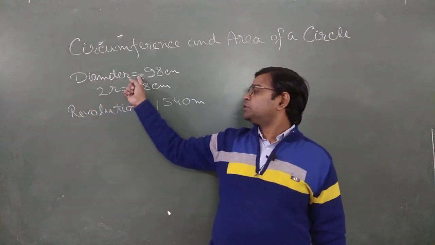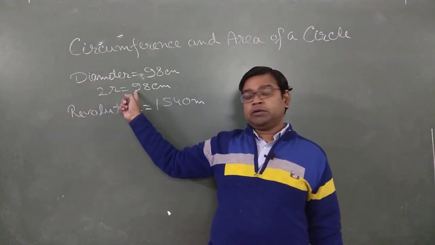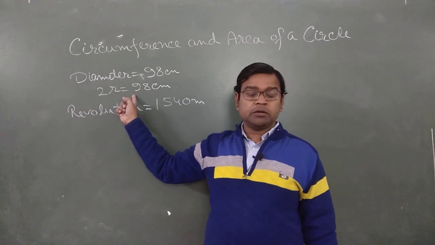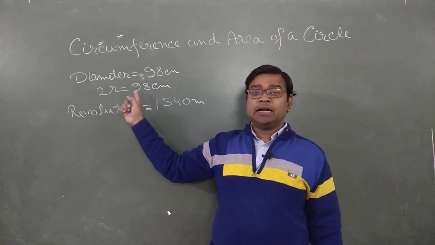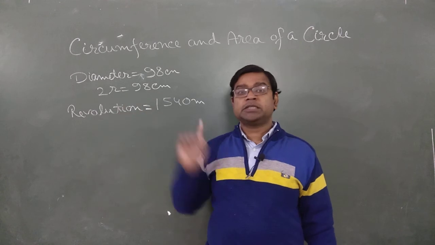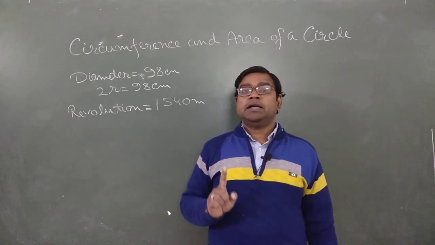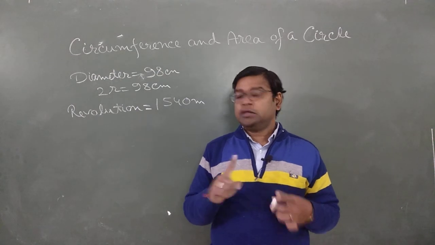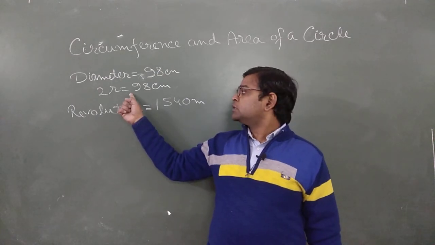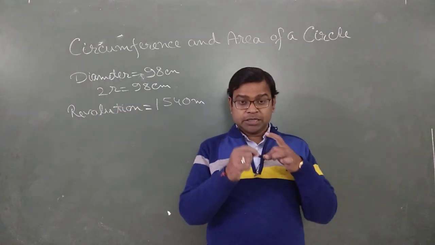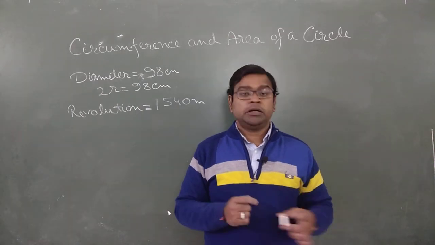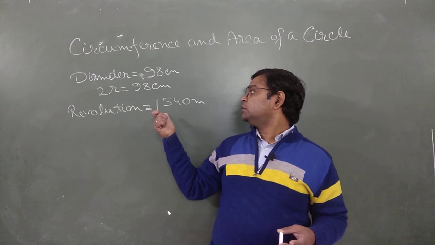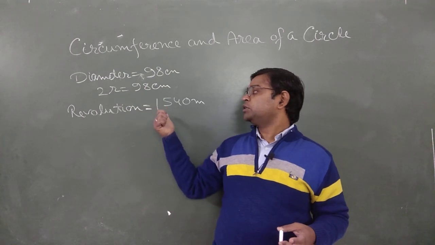From this diameter you can easily find the perimeter of the circle, and that perimeter is the distance covered by the wheel in one revolution. It's clear. This perimeter is the distance covered by the wheel in one revolution. The question says in how many revolutions the wheel covers this much distance.